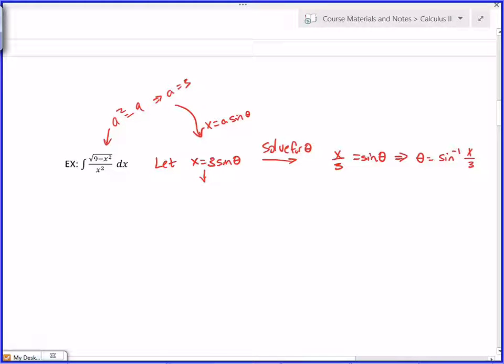But we also need to do dx after we've done the solve for theta. So find dx. dx is 3 cosine theta d theta.